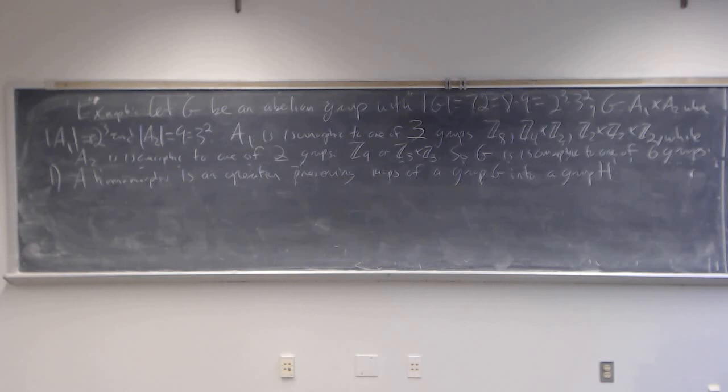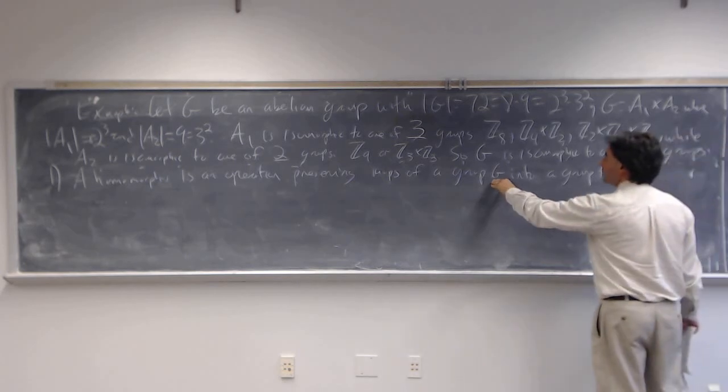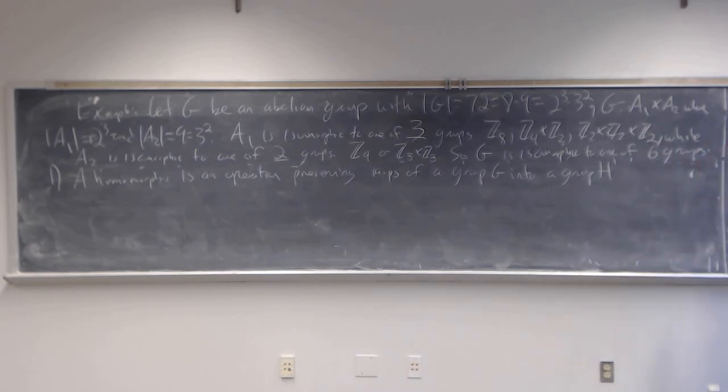You can multiply the 2 elements in G together first, put them into the homomorphism, get your result in H. Or you can take those same 2 elements, put them into the homomorphism first, get your 2 elements of H, and then multiply, you get the same result.